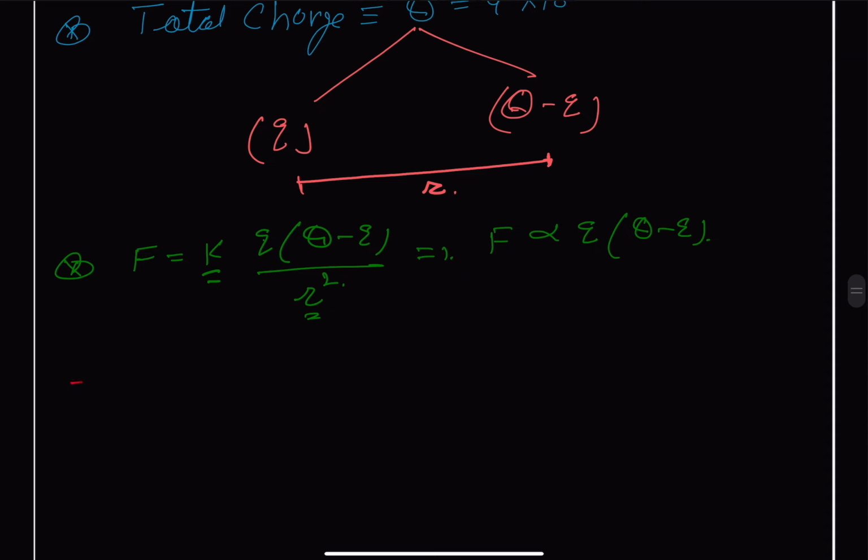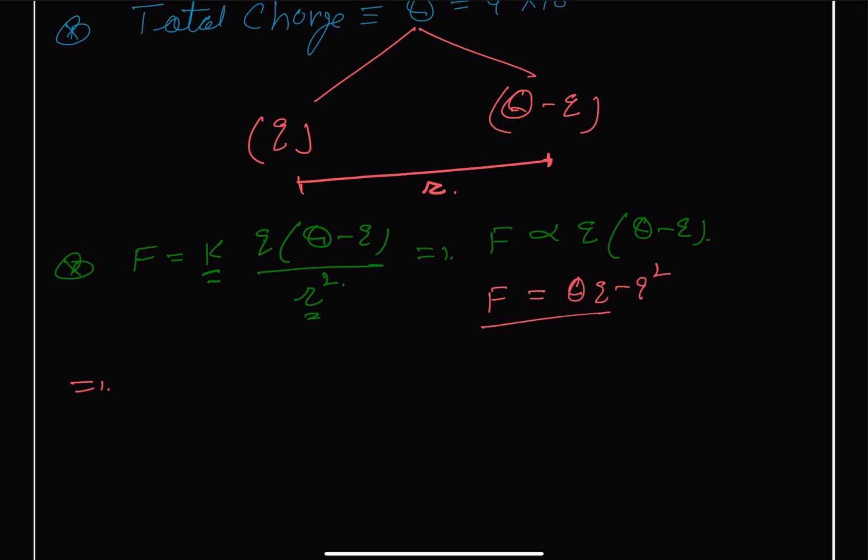Okay. So we differentiate it. For the sake of convenience, let us say this is equal to Q times q, and this comes as q square. So we need to maximize this.